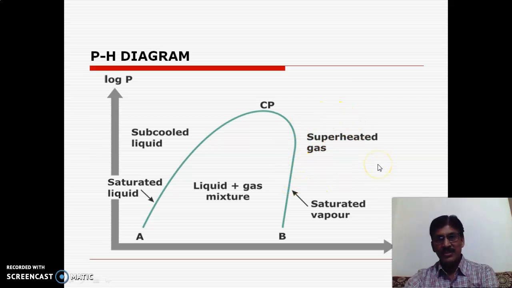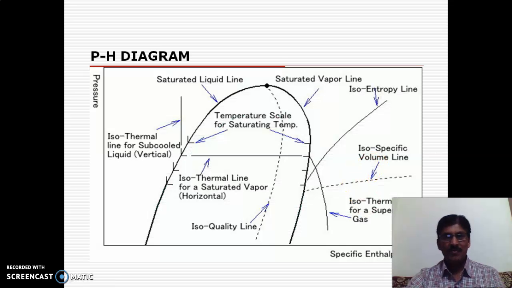The p-h chart is very important while going for the analysis of any vapor compression cycle. In this p-h diagram, these are the isothermal lines of subcooled liquid. Here you can see the temperature scale for saturated temperature.